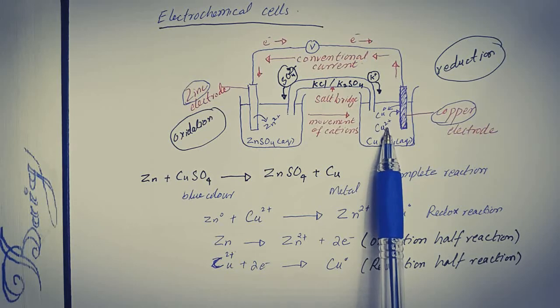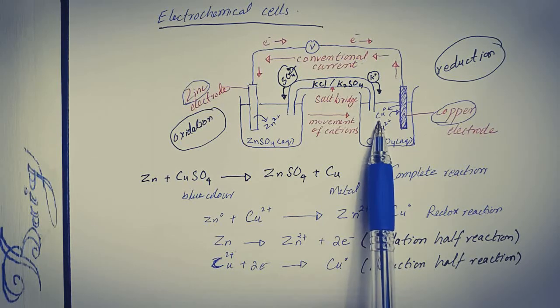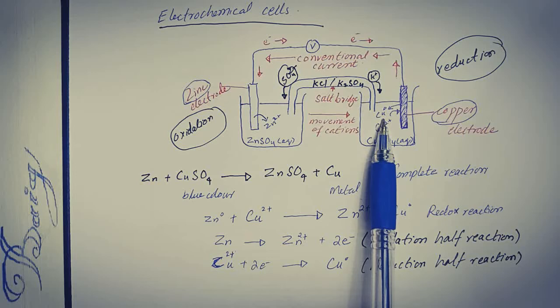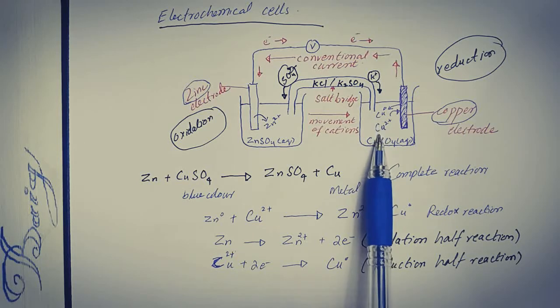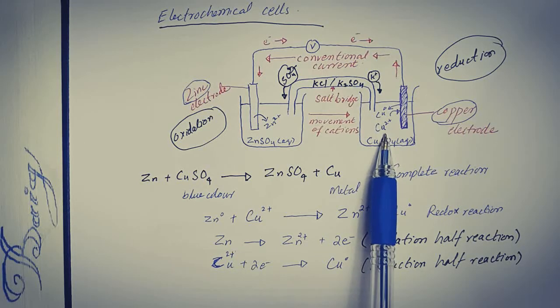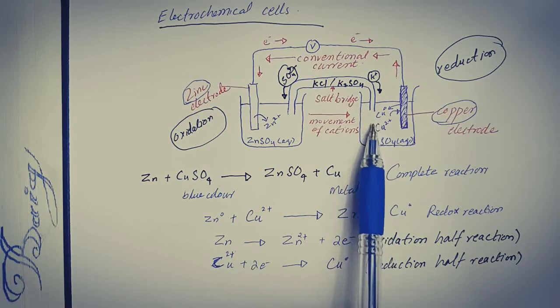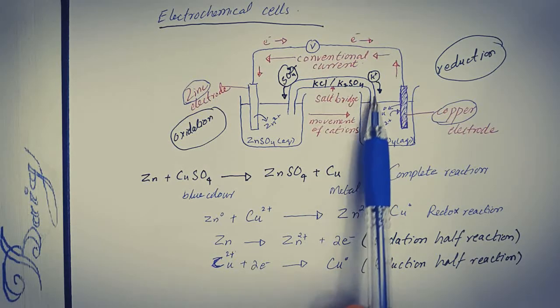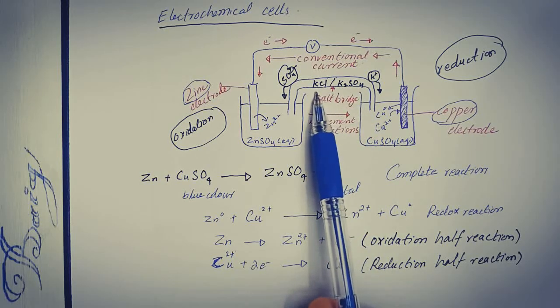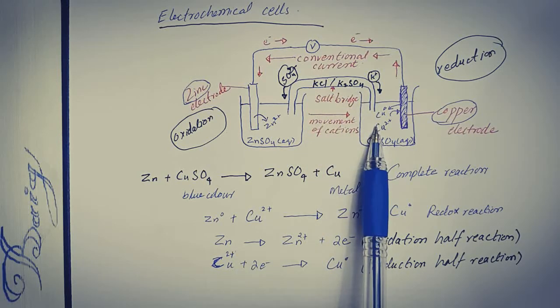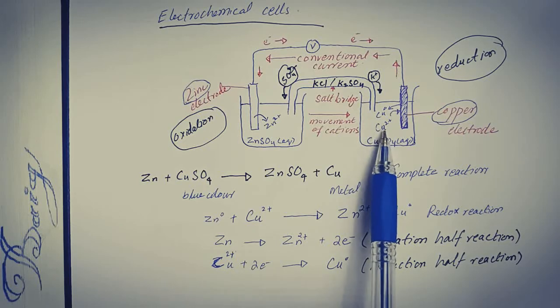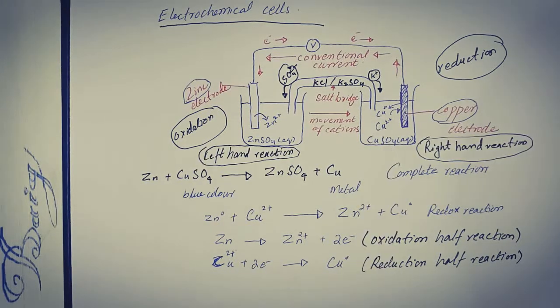And for the right-hand reaction, as the positive charges are changed to metal with zero oxidation state, the number of positive charges is decreasing, and in order to balance the electrical neutrality, the potassium ions from this salt bridge will move towards this right-hand chamber.